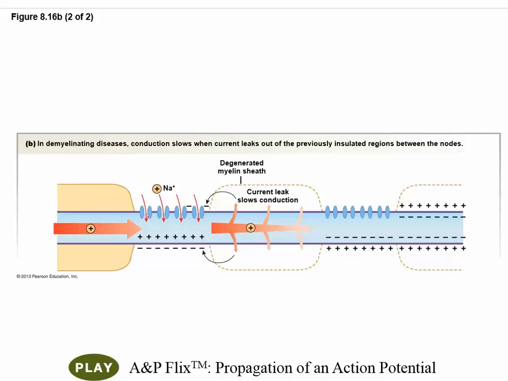So what happens then in things like multiple sclerosis, MS, where the body's own immune system attacks its myelin sheath? Well, that signal will leak out, and that's what this is showing. It's showing that there was depolarization. This came down, but the signal started to leak out, and by the time it got to the next voltage-gated sodium channel, there was no signal, and it was dead.